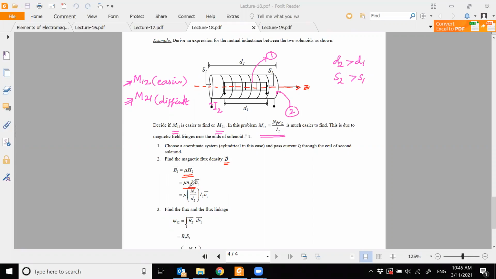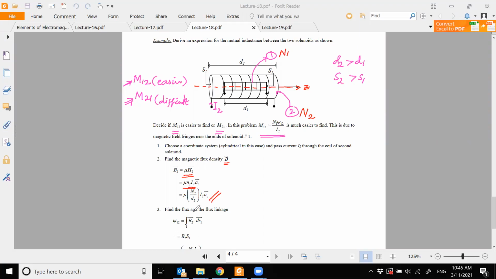N2 is the number of turns, so if my second loop has turns N2 and my first loop has turns N1, then it is N2 over the length D2, times I2 AZ. This is the magnetic flux density.